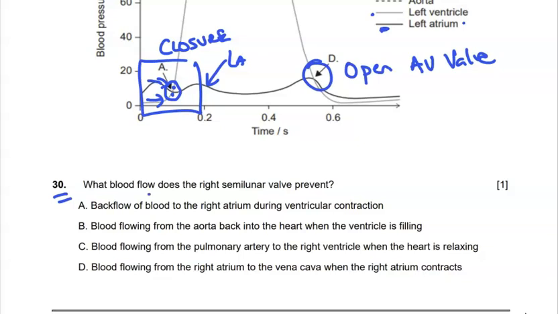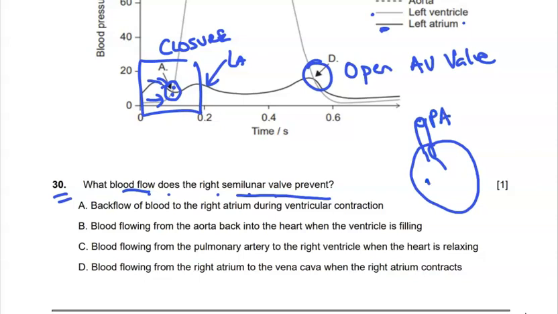what blood flow does the right semilunar valve prevent? So I'm thinking of a simple diagram of the heart. I'm thinking of the right semilunar valve is in the pulmonary artery, coming out of the right ventricle.